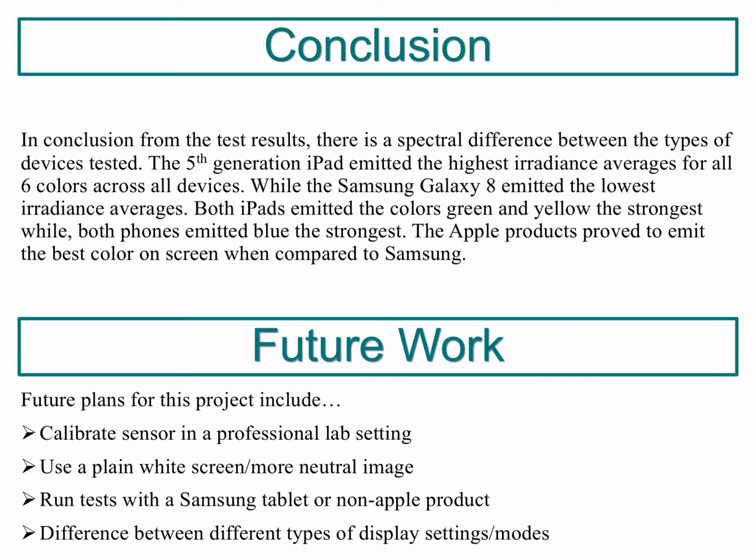Also, I would like to run more tests. This time, instead of using a majority green image, I would like to use a plain white screen, which is a more neutral color image.